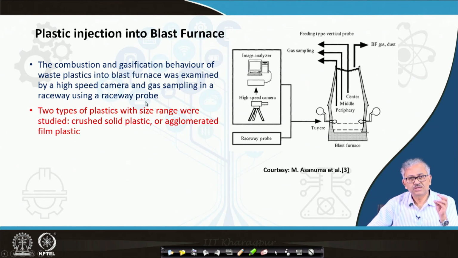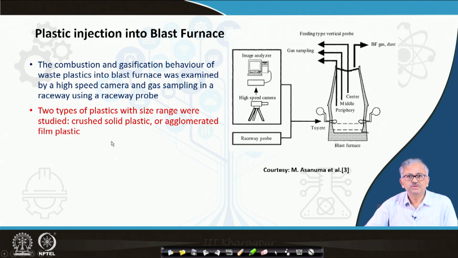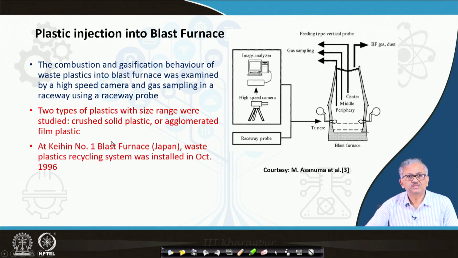One is the agglomerated plastics and another is the crushed, coarse plastic. There are hard plastics, which you can crush to different sizes and use. And there are filmy plastics, like polythene bags and all these things, which can be agglomerated and then subsequently are suitable for charging into the blast furnace.